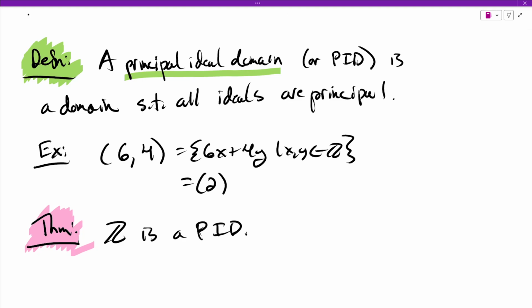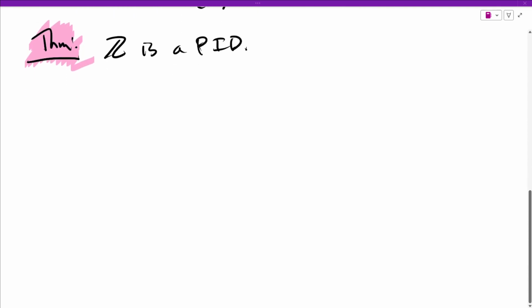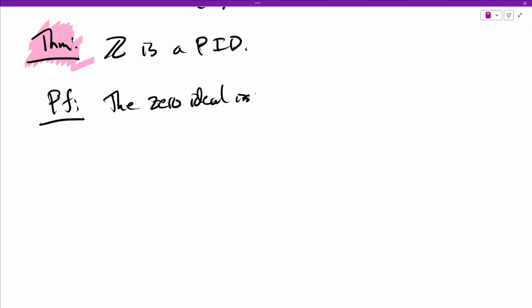All right, so let's go ahead and prove this. Proof. The zero ideal is just zero. It's principally generated by zero.